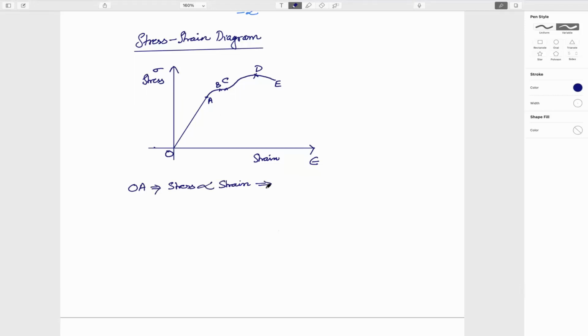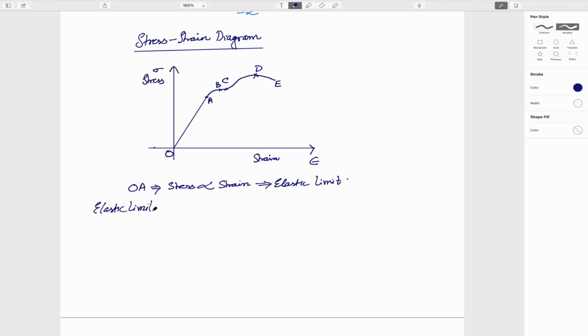So that lies in the elastic limit. But it is not necessary that in the elastic limit, stress is always proportional to strain. Elastic limit does not mean that stress is directly proportional to strain. So what exactly is the elastic limit?